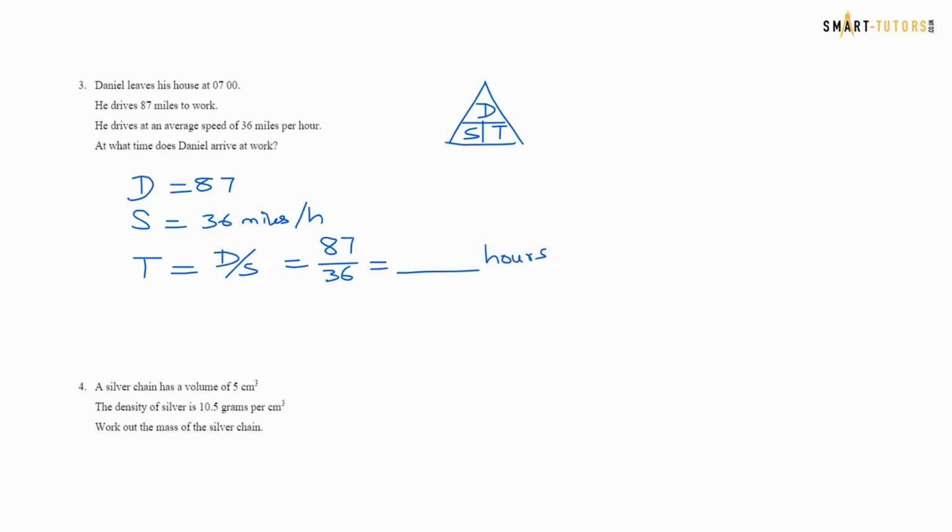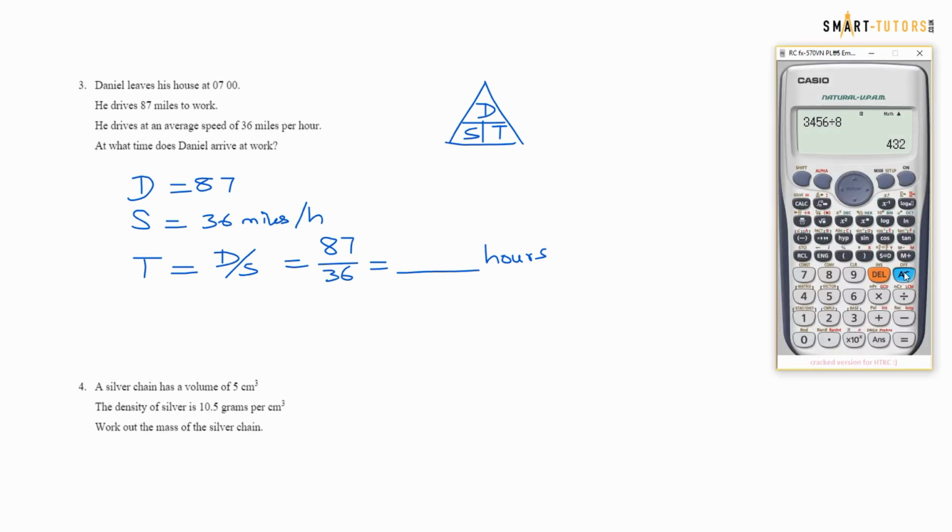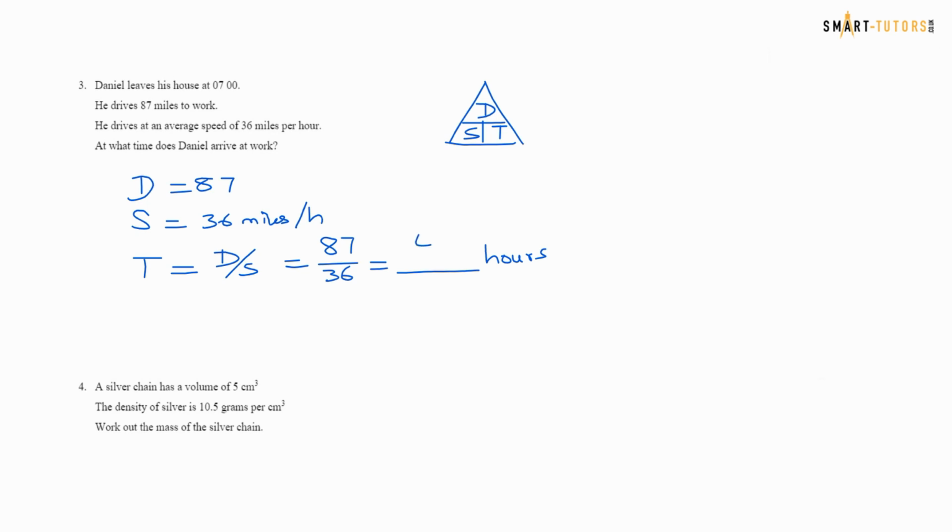So we need to be careful with this calculator. 87 divided by 36 is going to be 29 over 12, as a recurring decimal. So I'm going to use 29 upon 12 hours. 29 upon 12 hours means 29 over 12 times 60 if I convert that into minutes.